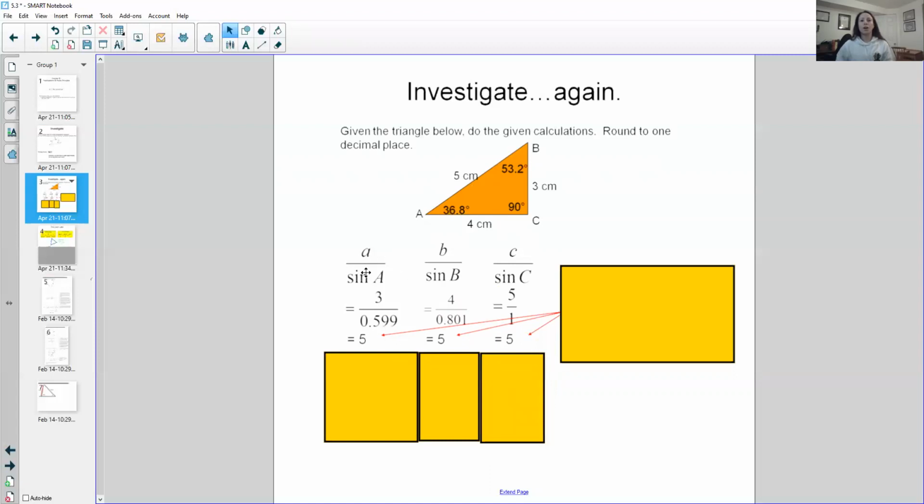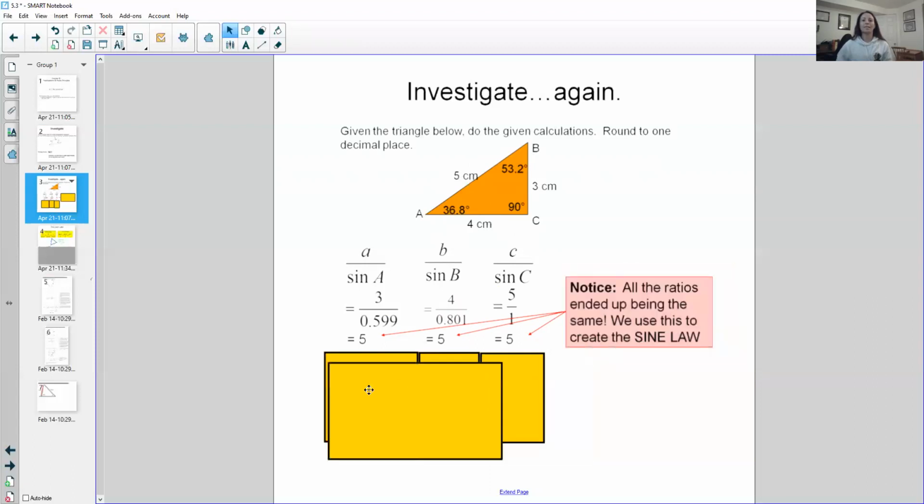So regardless of which side and its opposite angle I look at, when you divide them, you get the exact same answer. This is basically the idea behind the sine law: these ratios that you've created are indeed equal for every set of angle and its opposite side.